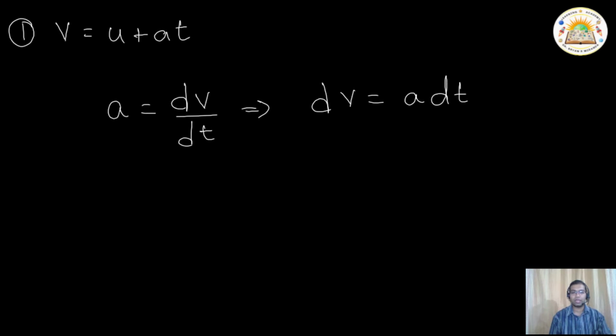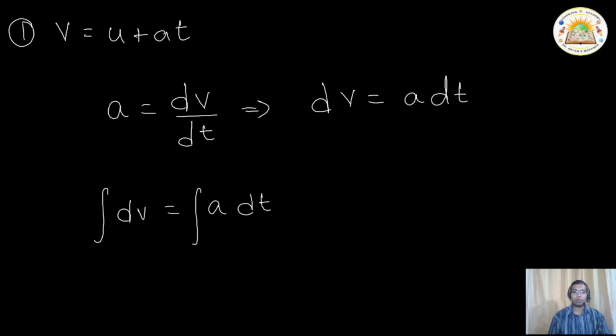Similar to algebra, here we are making sure acceleration is time dependent. And now we will apply the formula of integration. That is integral dv is equal to integral a dt. So both the sides I have put my integration sign.